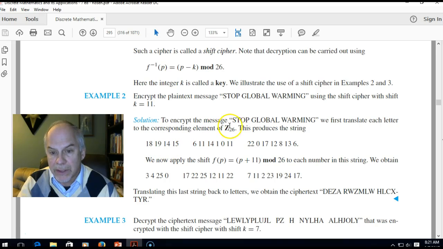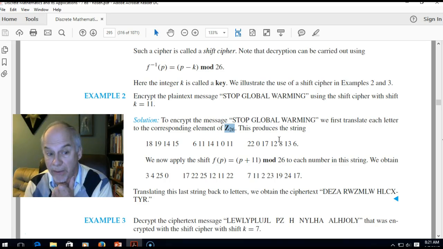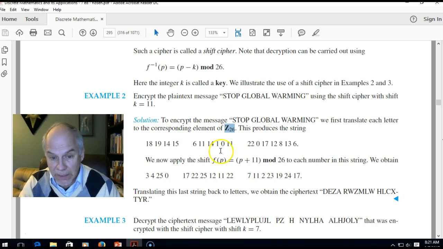O to the number 14, P to the number 15, etc. So it changed all the letters into numbers in Z26, which means the integers from 0 to 25. And then we apply the shift of adding 11 to each one.